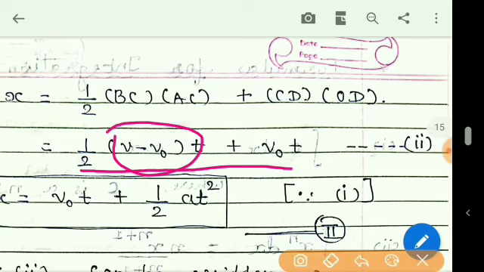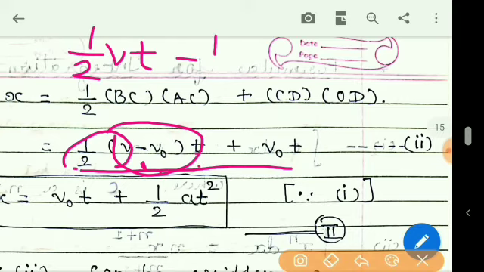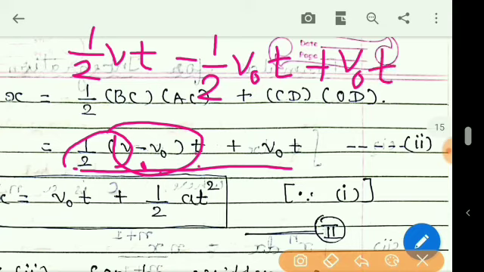If you open this bracket, you will find half V T as the first term. Then the second term will be minus half v naught t, and the last term plus v naught t. Here you can see these two are like terms, and this is 1, so 1 minus half will remain half.